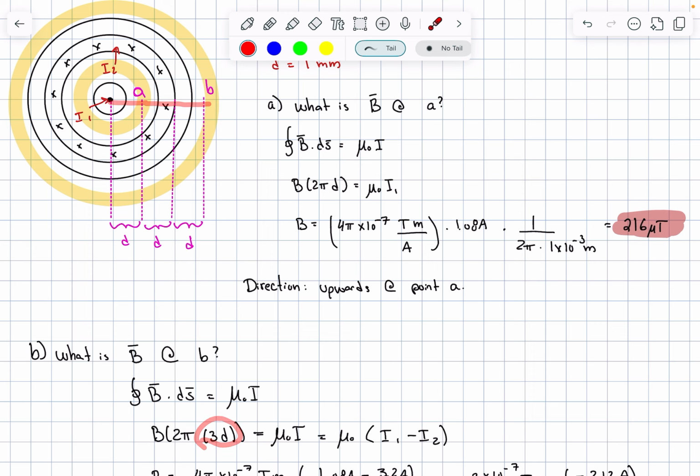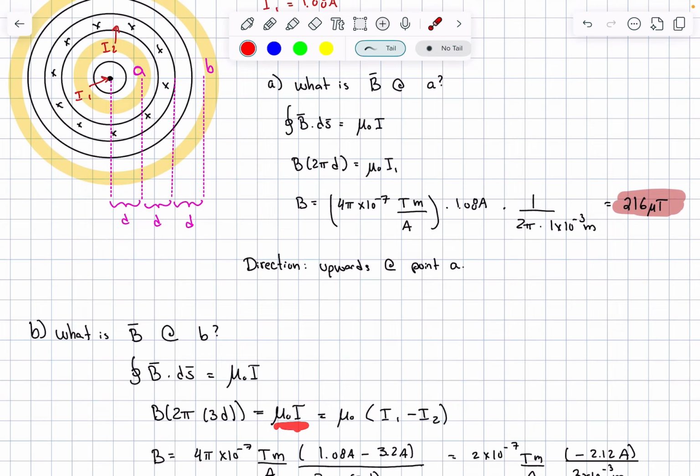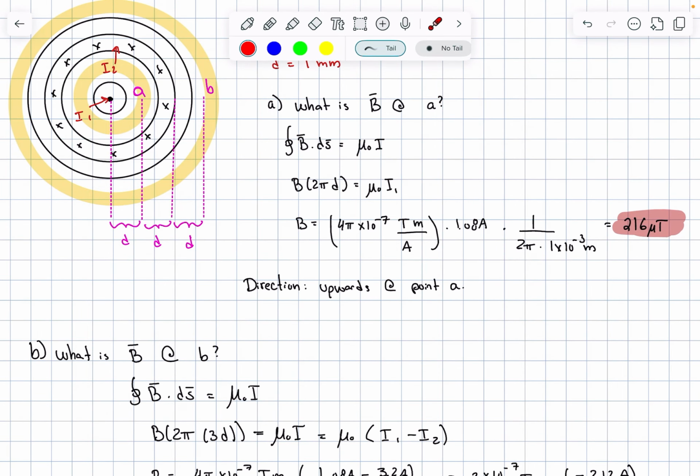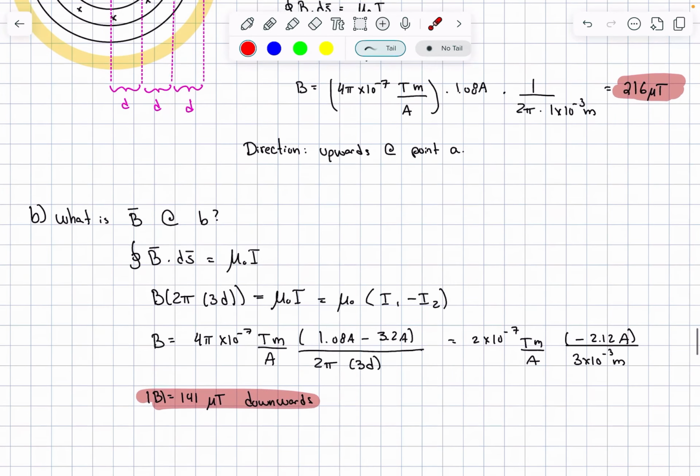That's going to be equal to mu naught times I, which is how much current we have inside, coming through this loop. We have I1 in the positive direction and I2 in the opposite, negative direction, so we have I1 minus I2. From this point on, it's the exact same thing: we plug in our numbers and solve for B. We see that B is 1.41 microtesla.